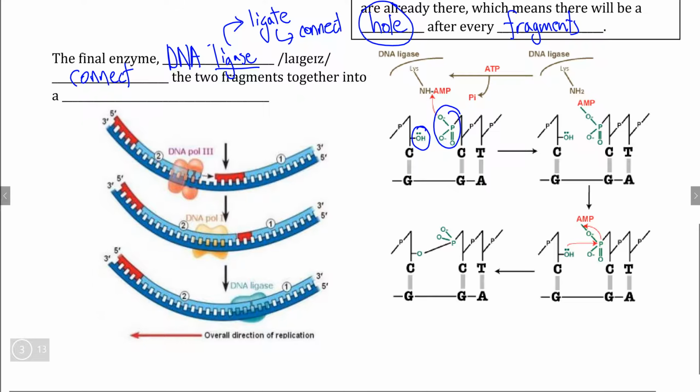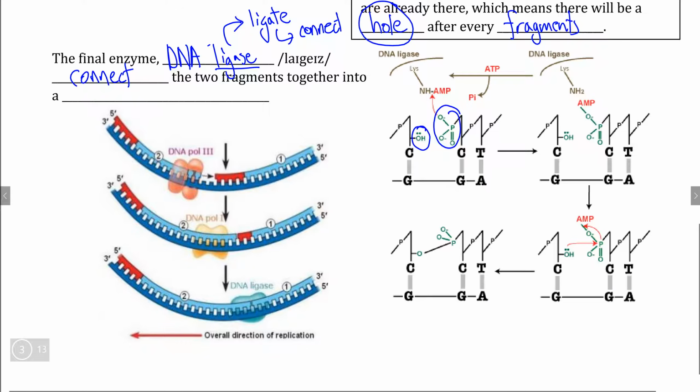Only it does so in a slightly different mechanism than the way that DNA polymerase 1 and DNA polymerase 3 work. So in DNA polymerase molecules, the way that they work is by first pulling the hydrogen off of the 3' OH and using that to connect to the phosphate.